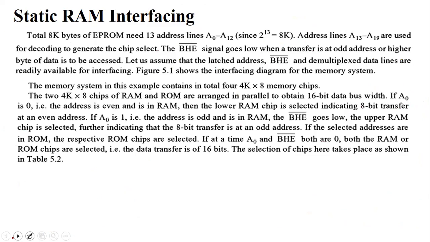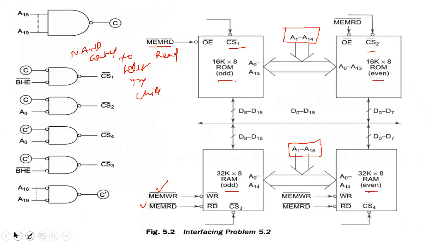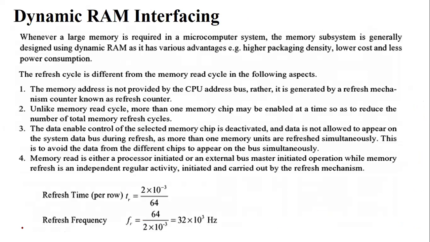But what is the main drawback of dynamic RAM? Because of using that capacitor, some leakage problem is there.